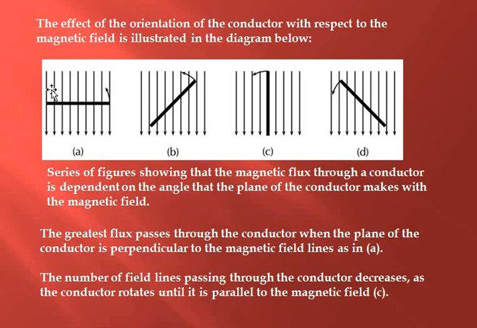That's where you see the greatest flux. Just look at the number of magnetic field lines. You can see that the most pass through when the plane of the conductor is in this position. The number of field lines passing through the conductor decreases as the conductor rotates until it is parallel to the magnetic field. When it is here, as I said before, there is no flux passing through the conductor.